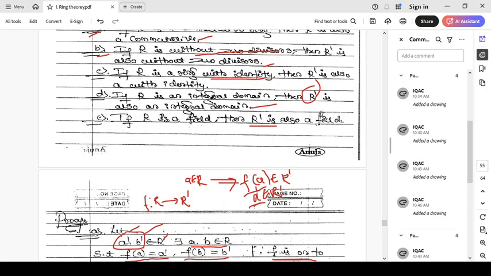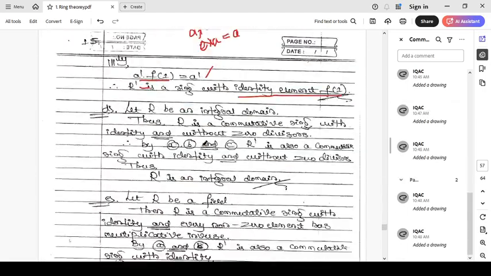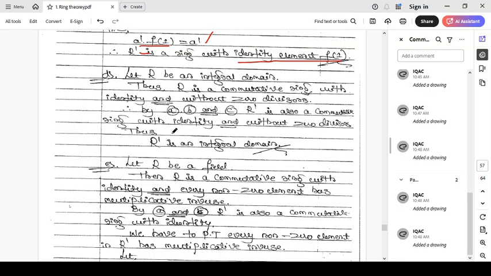If R is an integral domain, then R dash is also an integral domain. So integral domain, you should know the definition. According to the definition, R must be a commutative ring, first one. Next, R has unity, that is the identity, and the third condition is that R must have no zero divisors.